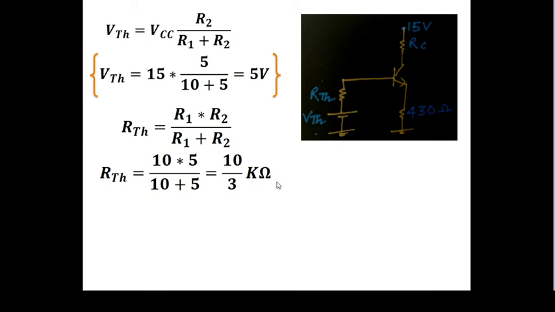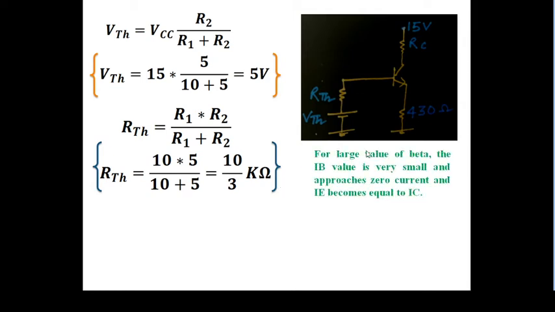Next, there is a concept that in a question where the beta value is very large, the IB current will be 0. For a large value of beta, the IB value is very small and approaches 0, and the current IC is the same as IE. After that we go for KVL in this loop.